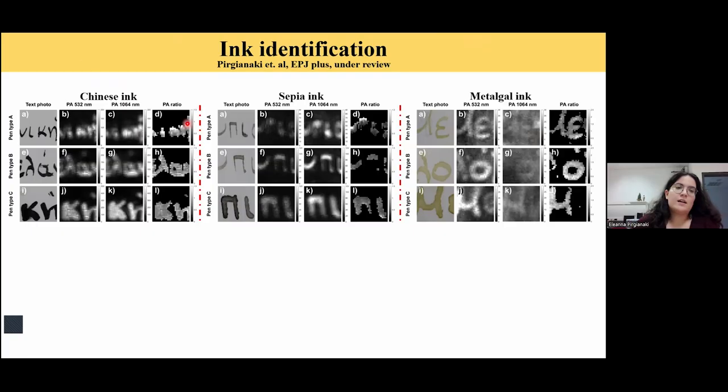And for each ink, we have used three different types of pens and writing methods, and we have taken photoacoustic images using both the 532 nanometers and 1064 nanometers wavelengths for each ink, and then we extracted the photoacoustic ratio image, at the third column of each ink, as you can see.